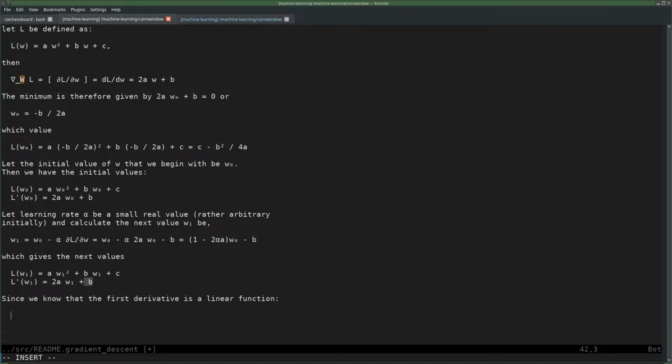Okay, so this is L accent, W0. And here I have that value. And this is W0, and this is W1, and this is WM.